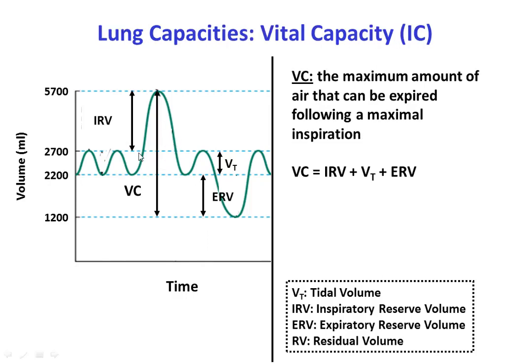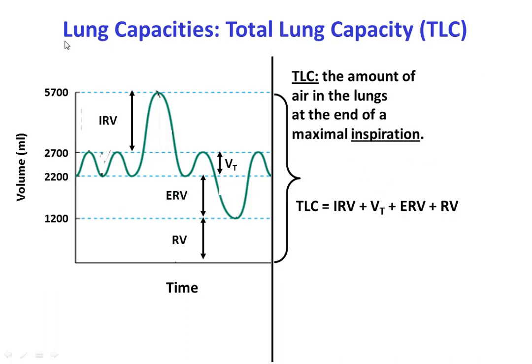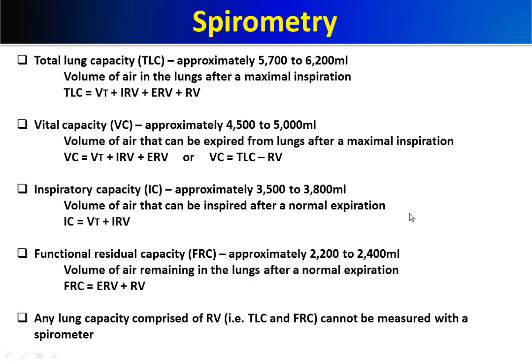The vital capacity is equivalent to the inspiratory reserve volume plus tidal volume plus the expiratory reserve volume. The total lung capacity includes all volumes, so it is equivalent to inspiratory reserve volume plus tidal volume plus expiratory reserve volume plus the residual volume. So these are the capacities.